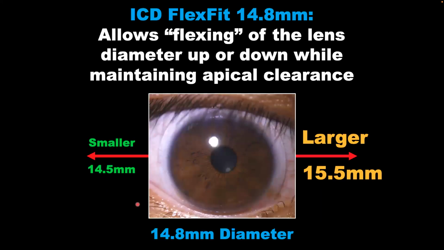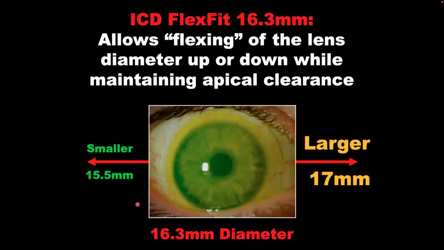So as I was saying, you can go smaller to a 14.5 with the 14.8, or larger up to 15.5. Those are the modifications that you can do, in 0.1 steps, right? So for the 16.3, you can go down to a 15.5 and up to a 17 millimeter lens. Remember, if you have eye surface disease, you may want to cover as much as possible.